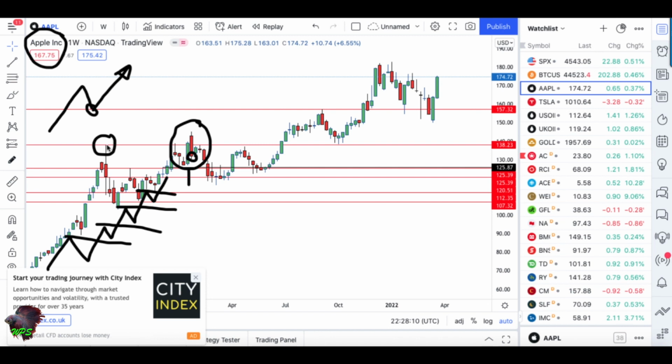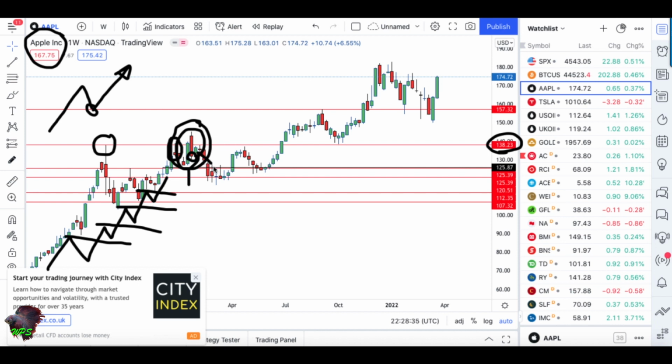But the market stopped here. The buyers, so institutions, wouldn't pay more for this security than 138.23. For the second time, the market rejected this level or this price. Nobody wanted to pay that much.